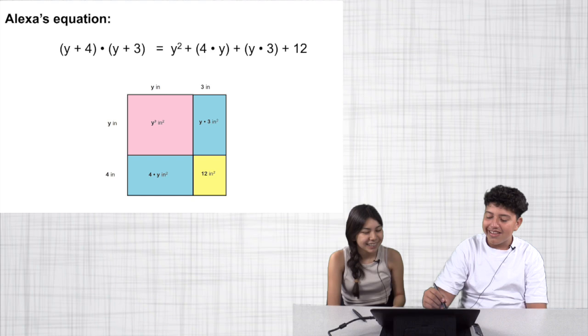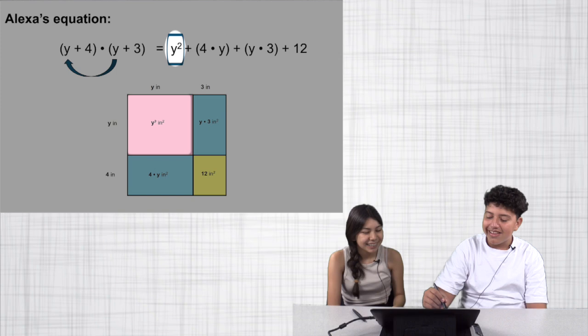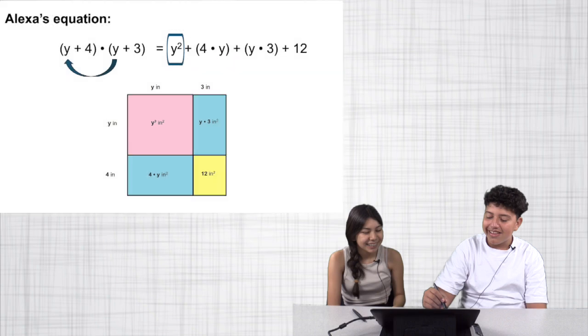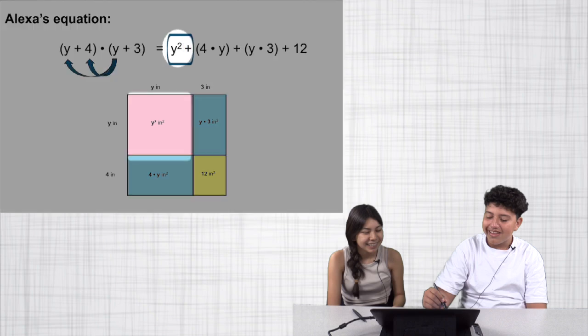Lastly, Emily and Mauricio made a smart connection to Alexa's equation. Indeed, first they distributed the y to the y to get y squared. Then they distributed the y to the 4 inches to get 4 times y.